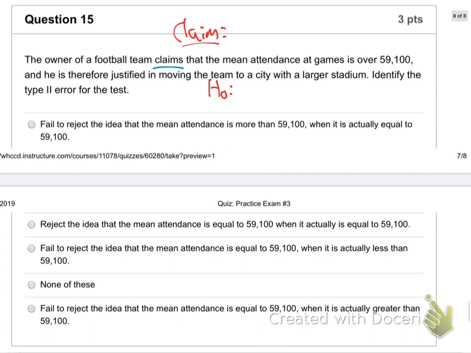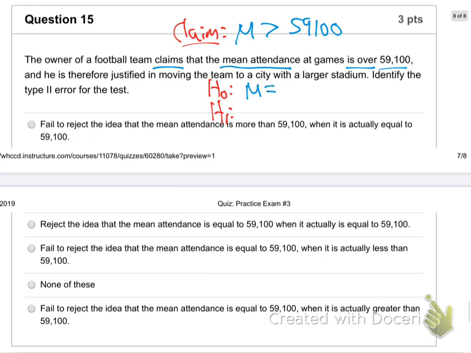Claims that the mean attendance is over 59,100. Mean over, what's over? Greater than 59,100. That's what he's claiming, isn't he? Saying the average is greater than 59,100. All right, so now we come down to the H0, H1. What's H0 always?